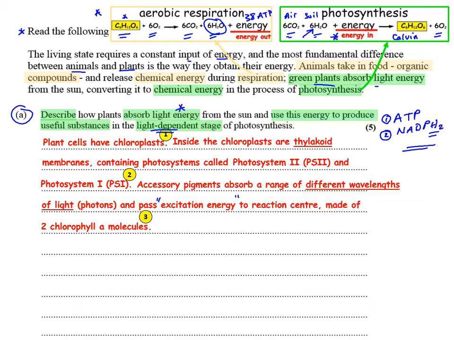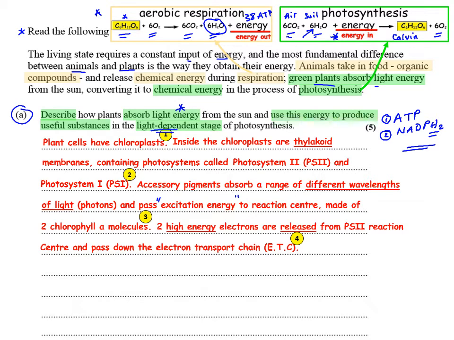So we've talked about the different accessory pigments like beta-carotene, xanthophyll, etc., called the carotenoids. Chlorophyll B is an accessory pigment, and we've also talked about chlorophyll A, which is the primary photosynthetic pigment in the reaction center of both PS1 and PS2.